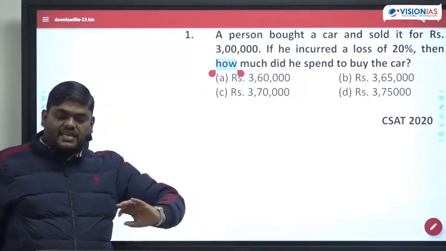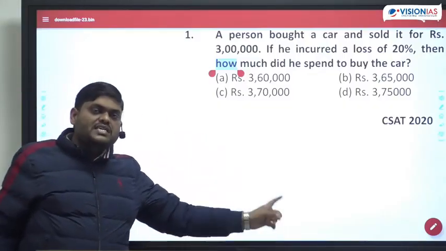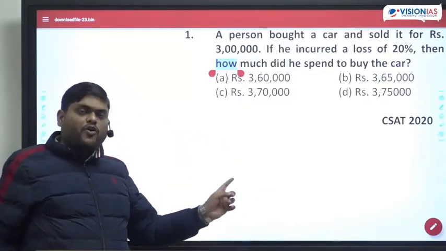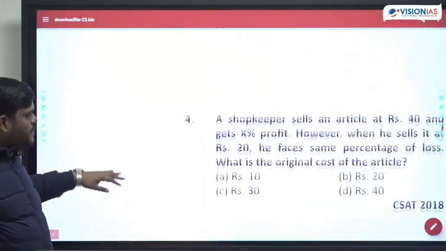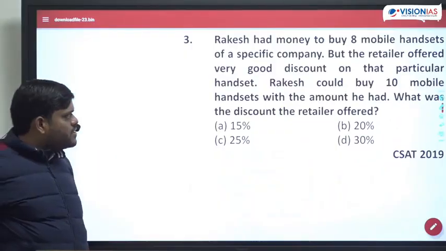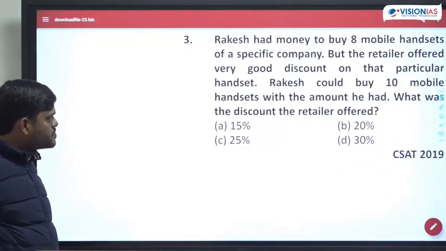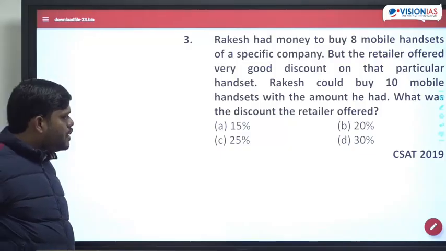And this is, I think, Ishika, you are making the mistake. You are calculating the loss on the selling price. Loss and profit should be calculated on the cost price. This is the mistake you are making. 2019 question. Try this question.